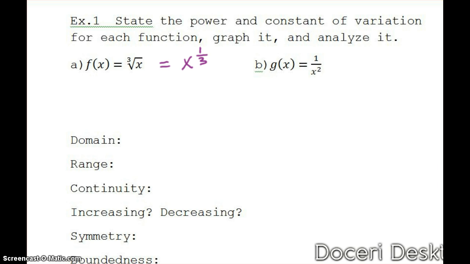So in this case, the constant of variation is just the coefficient in front of the variable. So in this case, it would be 1.